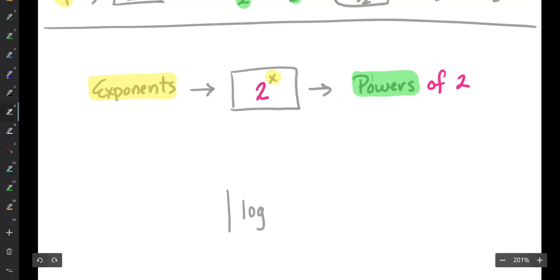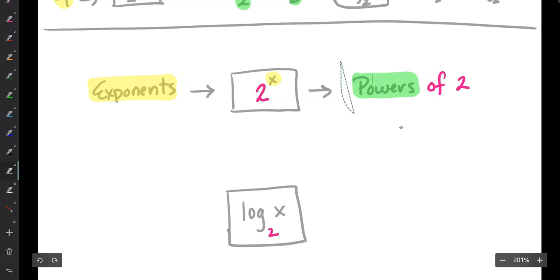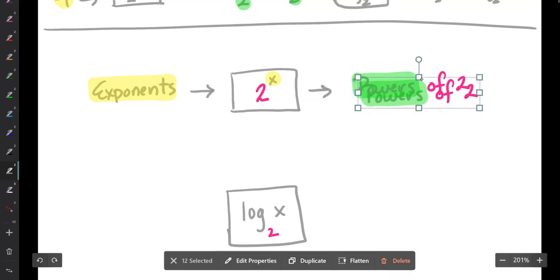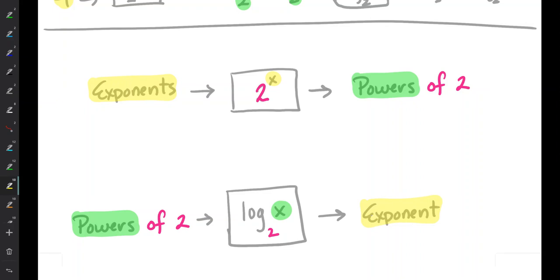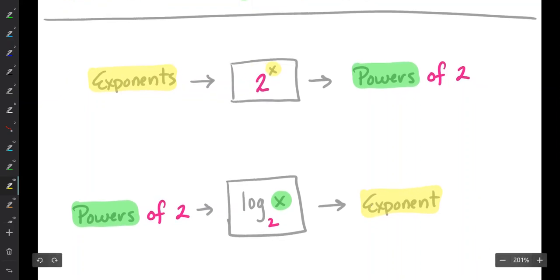Log base 2 is going to take in powers of 2 and spit out the exponents. And that is true of any base.